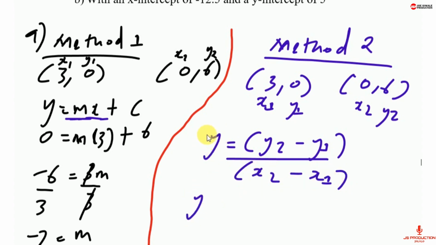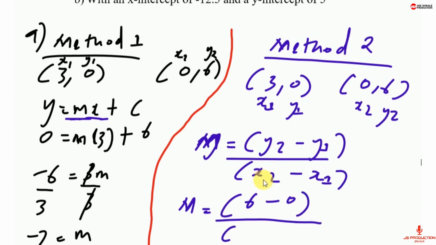So our m, which is gradient, our y2, that's 6, so 6 minus our y1, that's 0, divided by our x2, that's 0, minus our x1, that's 3.